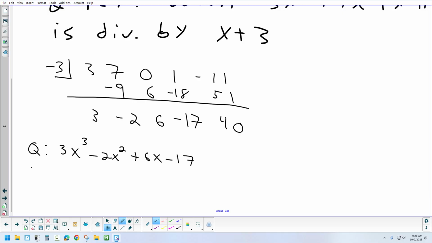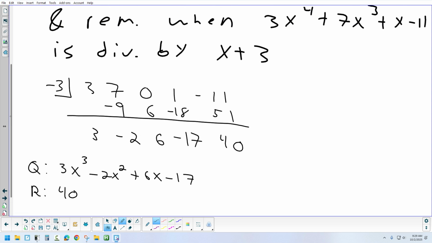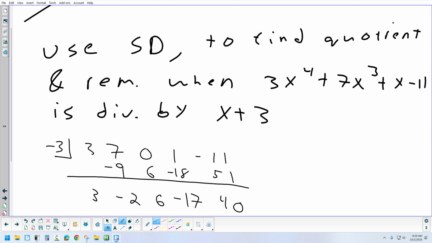Okay, so there's my quotient, and my remainder is 40. So what does that mean about x plus 3? Yep, it's not a factor. And it's not a factor of that quartic polynomial.